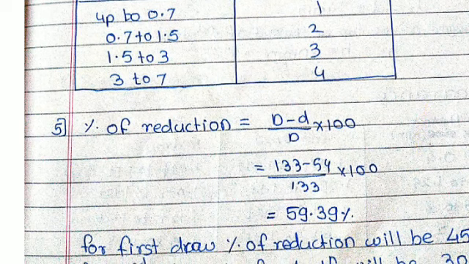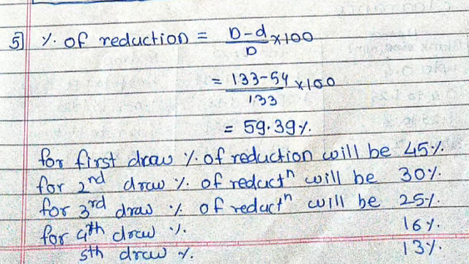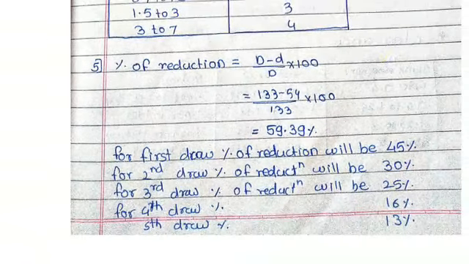This is the total reduction. We know for the first draw the maximum reduction possible is 45%, whereas for the second draw percentage reduction will be 30%. From this data, let us go for the next step. By taking the reduction for the first draw as 45%, let us go for the next.